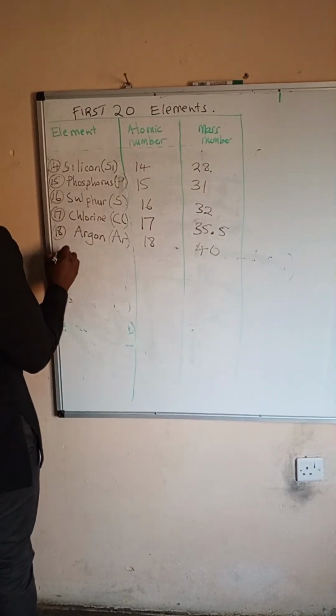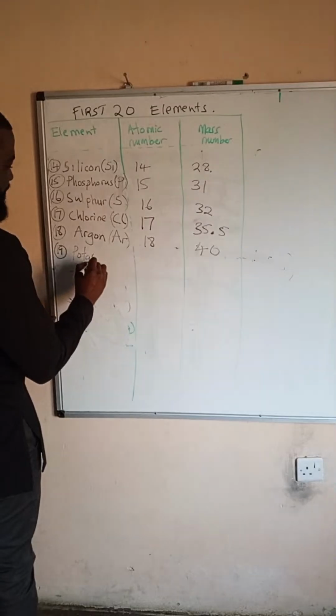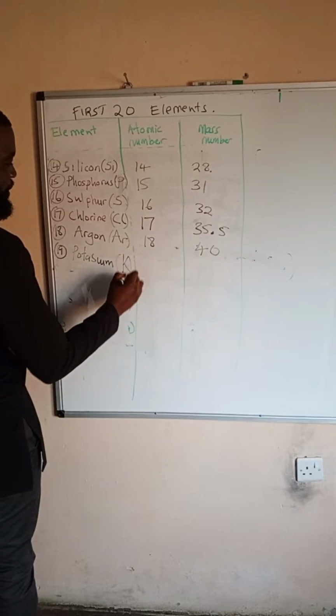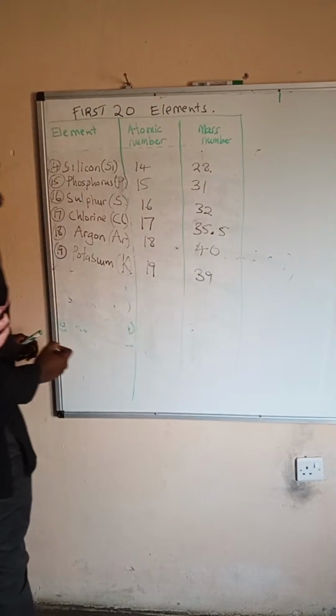So, 19 is potassium, represented by K. It is 19, mass number 39.